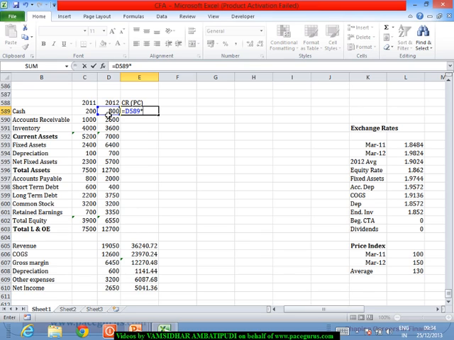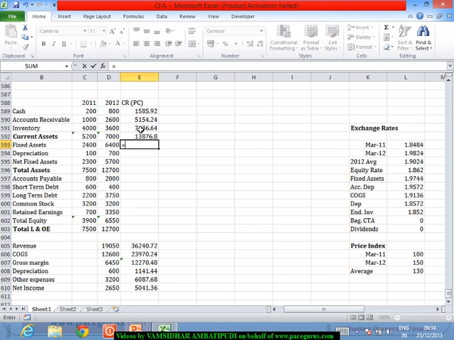So because I am talking about 2012, I multiply it with the exchange rate as of March 2012. So the same thing I'll do for the cash, accounts receivables, inventory, everything. So based on this, my current assets will work out to these particular numbers. So these are my total current assets in the foreign currency.